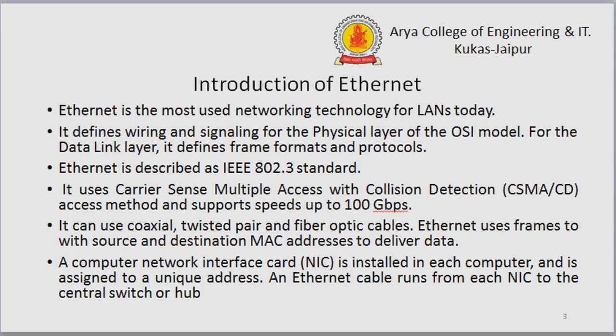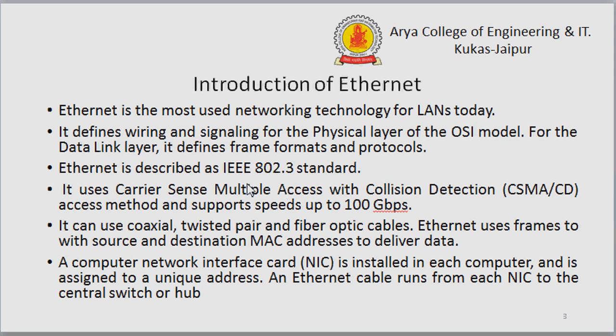Now the introduction of Ethernet. Ethernet is the most used networking technology for LANs today. It defines wiring and signaling for the physical layer of the OSI model. For the data link layer, it defines frame formats and protocol.